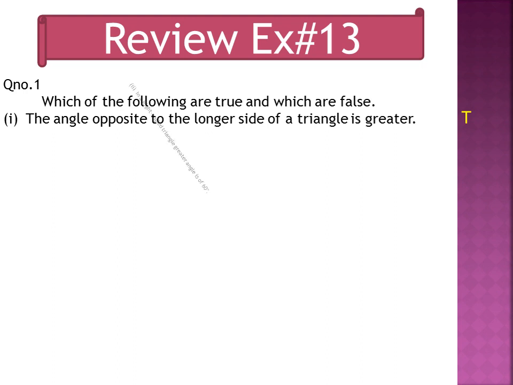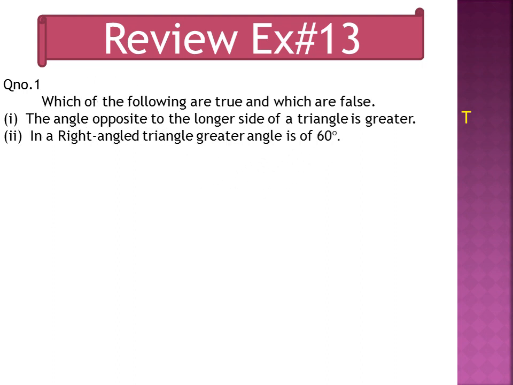Second statement: in a right angle triangle, the greater angle is of 60 degrees. This statement is false because in a right angle triangle, the greater angle is exactly 90 degrees, and the other two angles are acute angles which are less than 90 degrees.